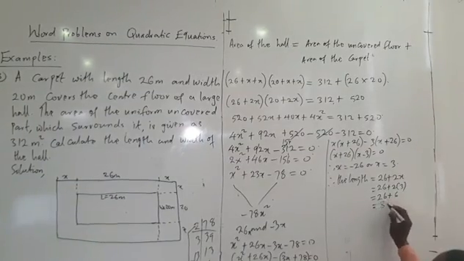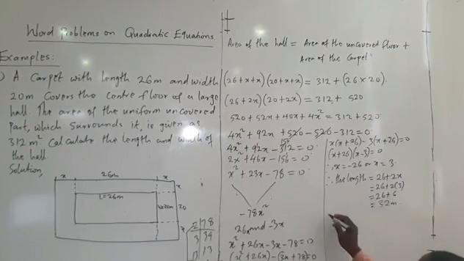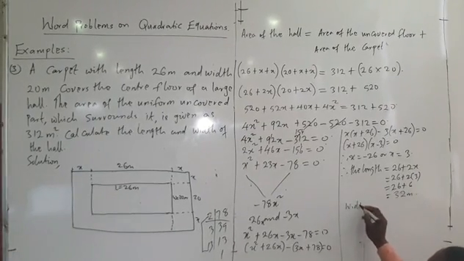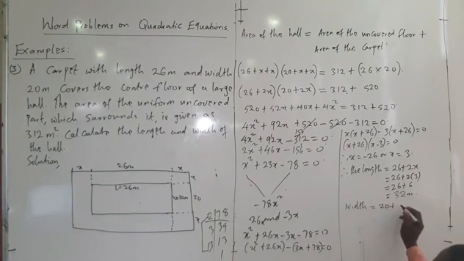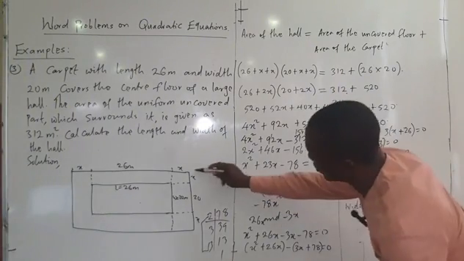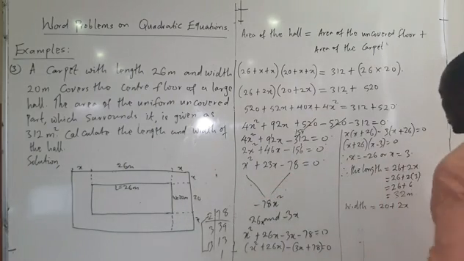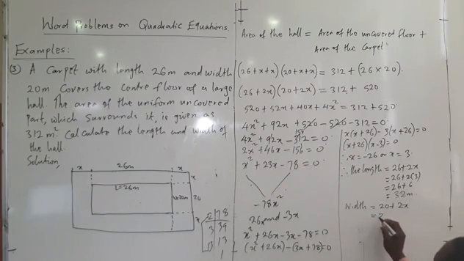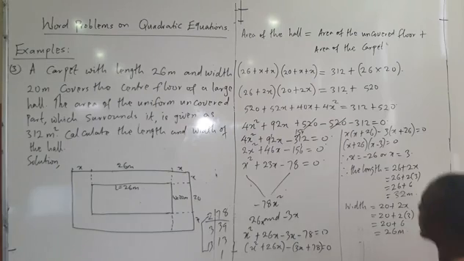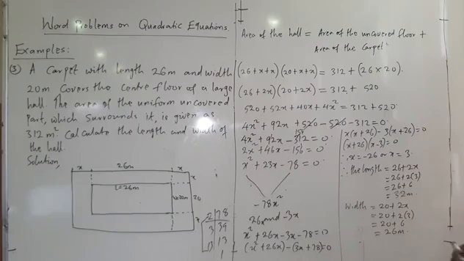While the width equals 20 plus 2x, that is x plus 20 plus x, which is 20 plus 2 into 3. So we have 20 plus 6, which equals 26 meters. So the length of the hall is 32 meters, while the width of the hall is 26 meters.